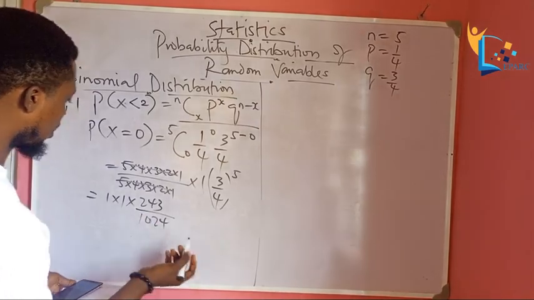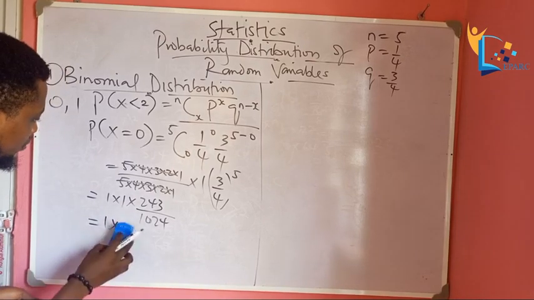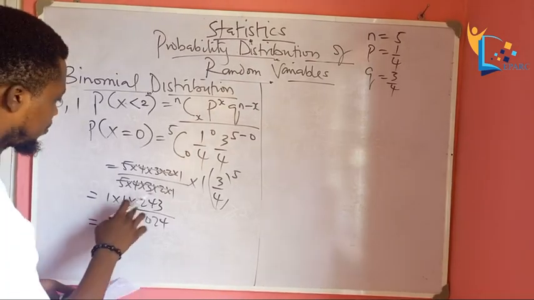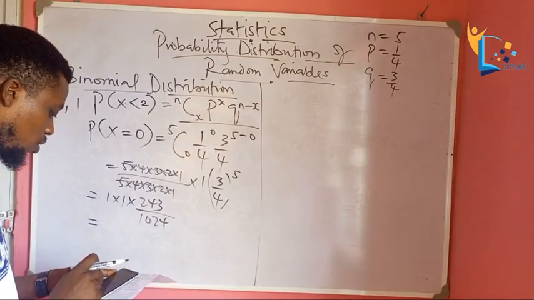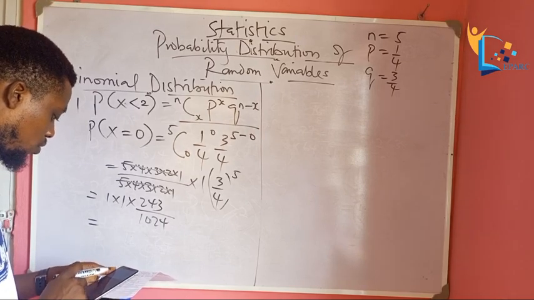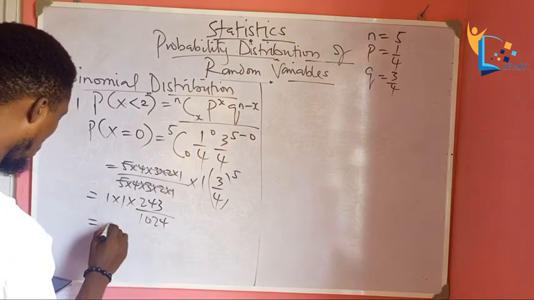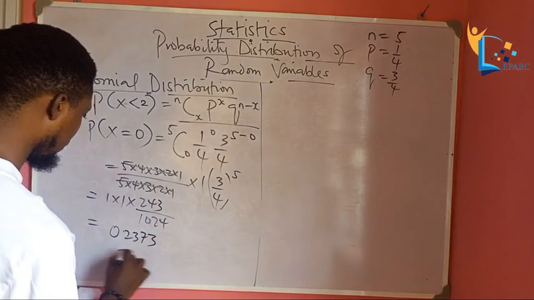Okay, 1024. So here we have 1 times 1 times 243 divided by 1024. So that will be 243 divided by 1024, which is equal to 0.2373. Okay?